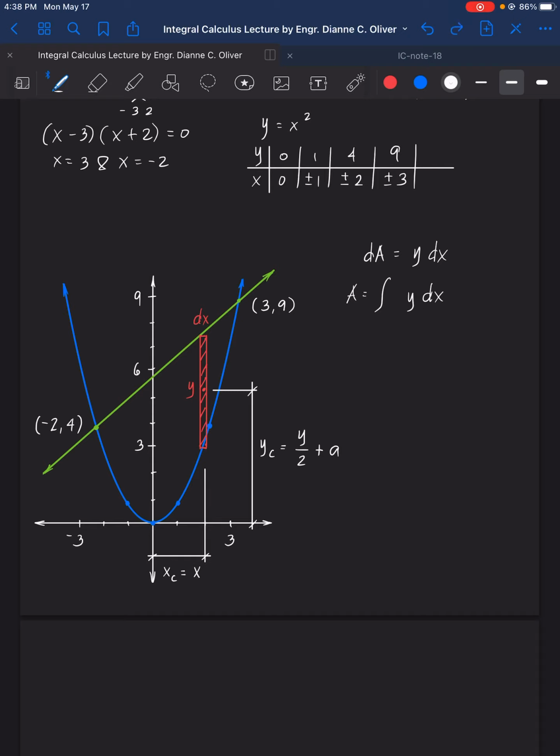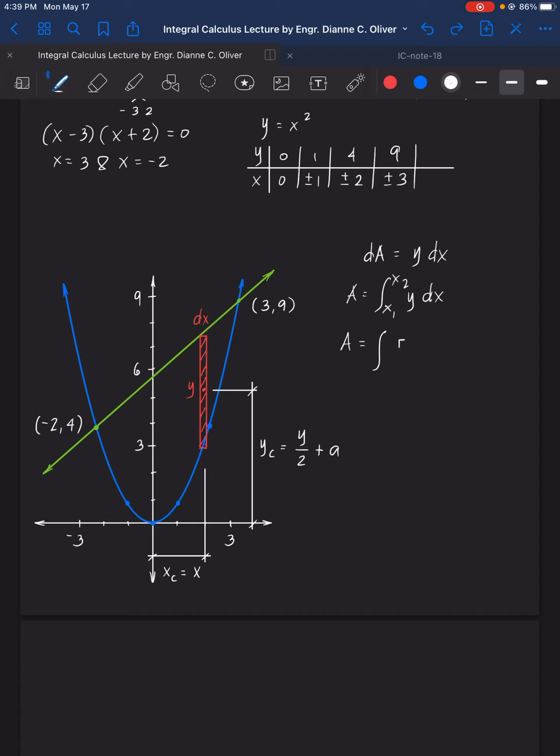Since we are using dx, we have the limits x1 to x2. So area is equal to integral of the y. So look at the y here. To get the value of y, we need to subtract the y upper, or the distance of this point to the x-axis, minus the y lower. That is the distance of this point to the x-axis.